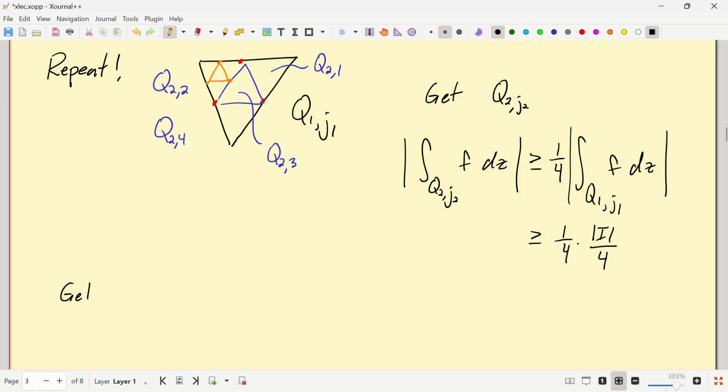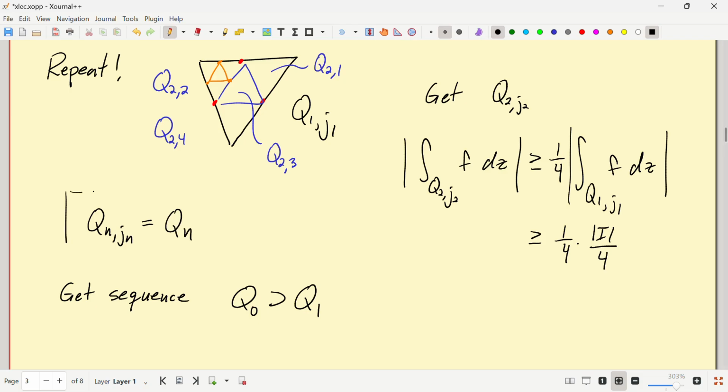And so what I get is a sequence of triangles. We started out with Q0 containing Q1, my first one. I keep getting the biggest one, and I'm going to call that Q sub n. I get a sequence like this, and they're shrinking down, dot, dot, dot.